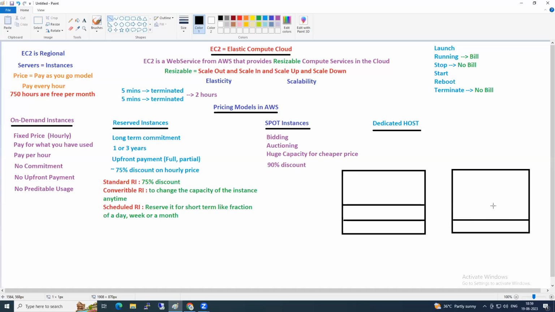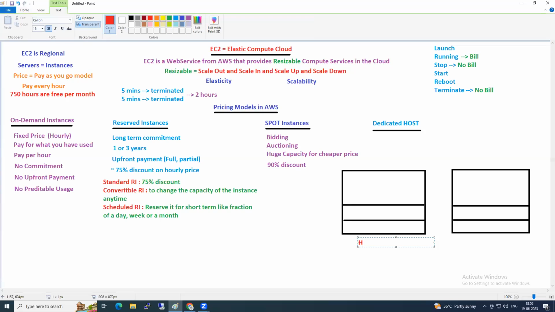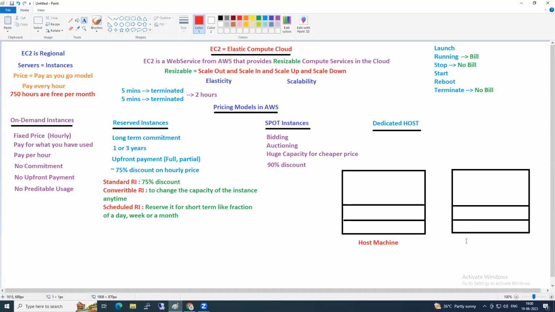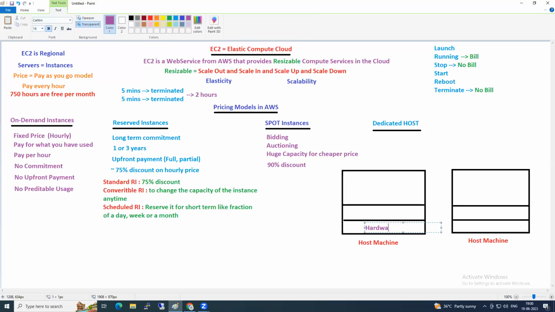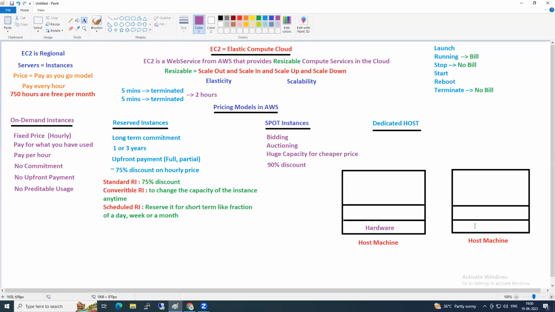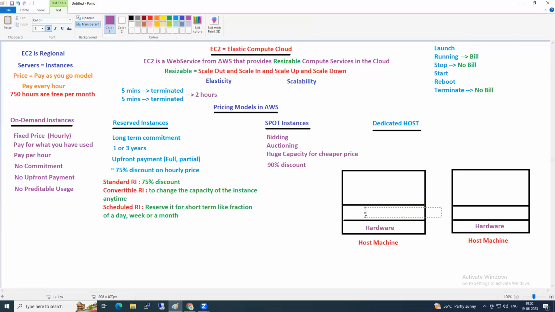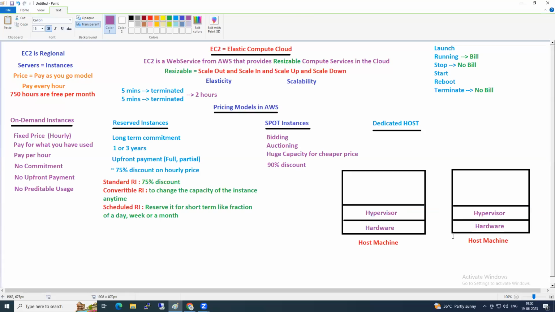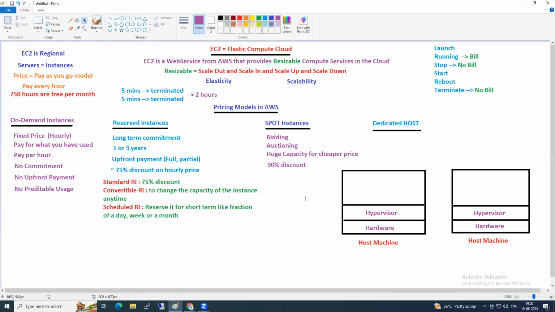Hardware and hypervisor. So can I call this a host machine? This is one host machine. Here this one is hardware, and on top of it you have the hypervisor. Do we need to worry about all these things? Hypervisor, no. Okay. Now I'll tell you the difference here.